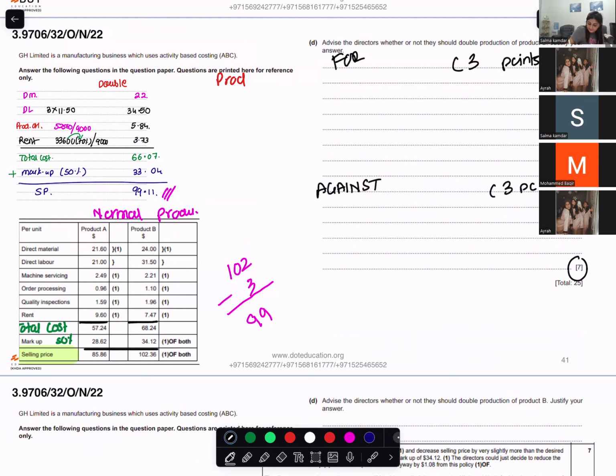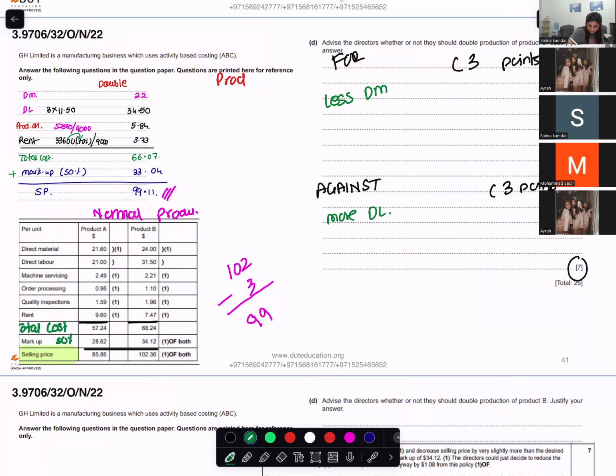The increase in production will lead to a lower direct material cost, sorry, direct material cost, which is resulting in a lower total cost. Less direct material, more direct labor.